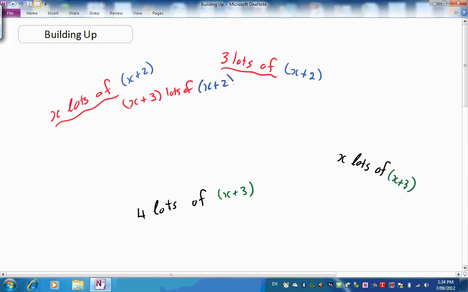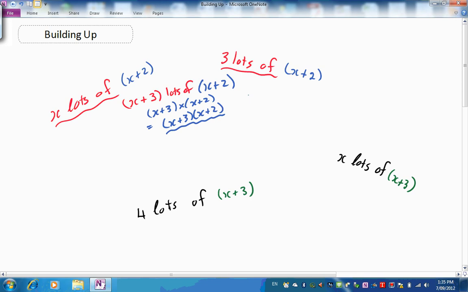How would we write that? Perhaps we would say it's x plus 3 times x plus 2. And often when we do that in mathematics, we leave out the times. So we could actually condense that all down into this statement.